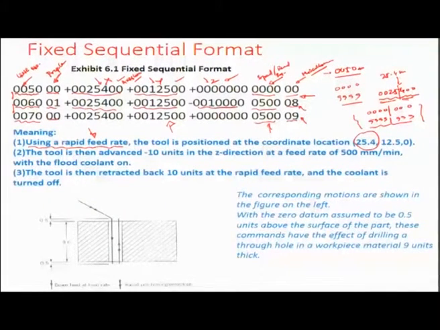The tool is positioned at the coordinate location 25.4, 12.5 mm and 0 mm respectively. So what it basically means is this particular point, which with respect to the origin corresponds to an x coordinate value of 25.4 mm, a y coordinate value of 12.5 mm and a z of 0 mm, okay, with reference to the origin again is where the tool has to be positioned.